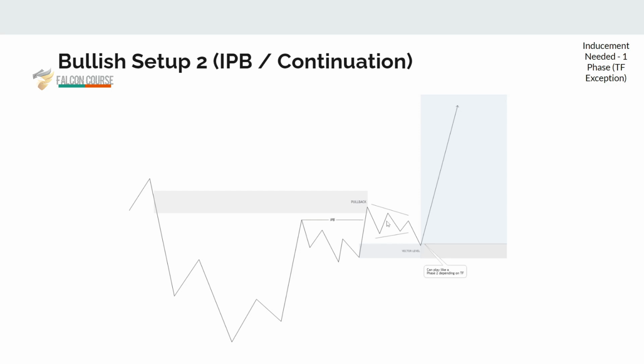How so? Time frame. If this is on the 1 hour, this will be a 15-minute OB, which means we can play a 1-minute phase 2. The little exception here is that momentum is on our side. So things are going to be a lot more volatile, a lot quicker to the bulls. So we don't want to be too greedy waiting for too much inducement, okay? Because look, we have a bullish momentum.